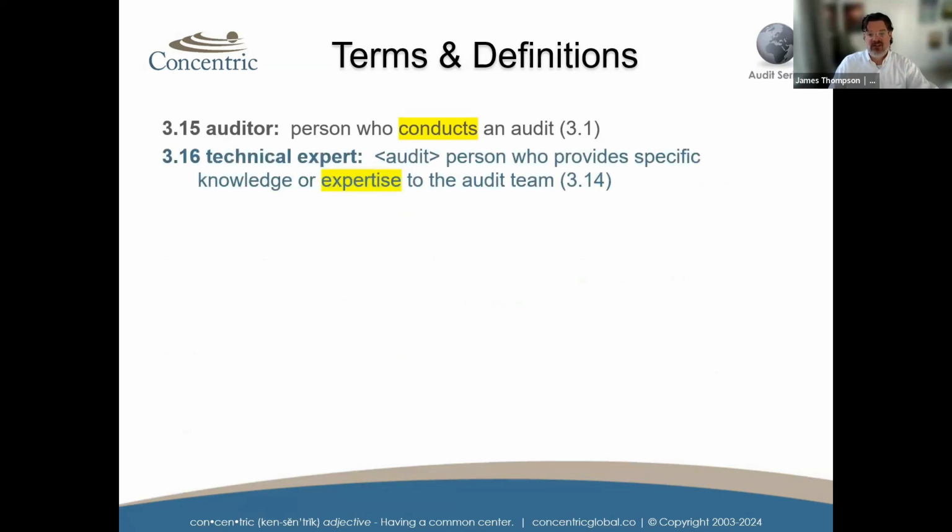A technical expert, it says audit person, is a person who provides specific knowledge or expertise to the audit team. Now, I think the results of audits would improve if more technical experts were used.